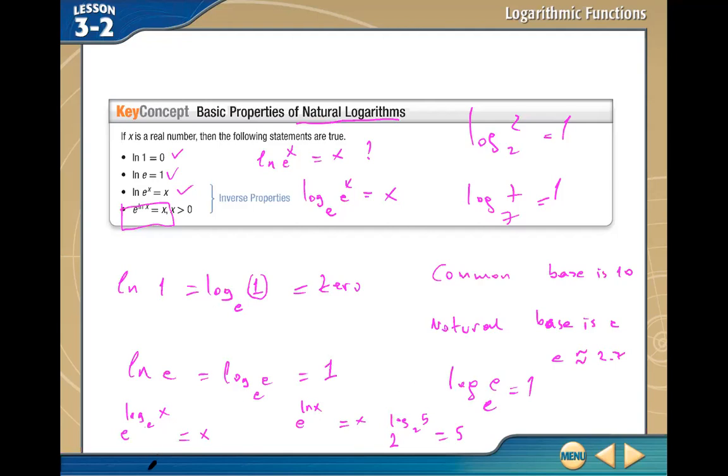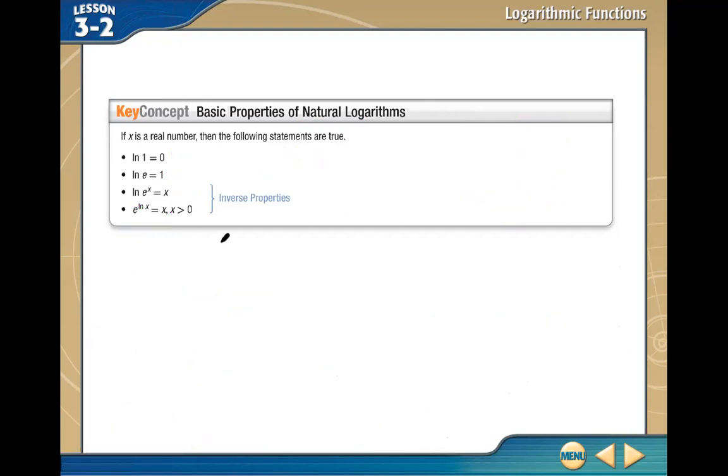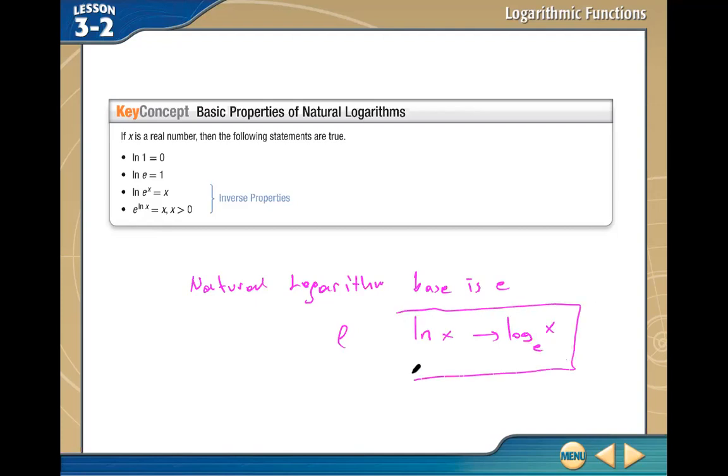Okay, so to sum up, natural logarithm means the base is e, and we use this notation ln x, which means logarithm of x to the base of e. ln x means this.